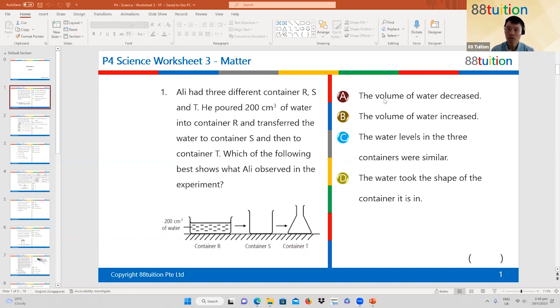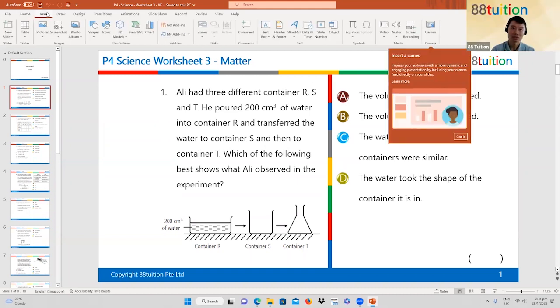The volume of water will decrease, no. Increase, no. Same level, no. Definitely it takes the shape of the container that it is in, because liquids have no definite shape and take the shape of the container. Everybody write down the side note.